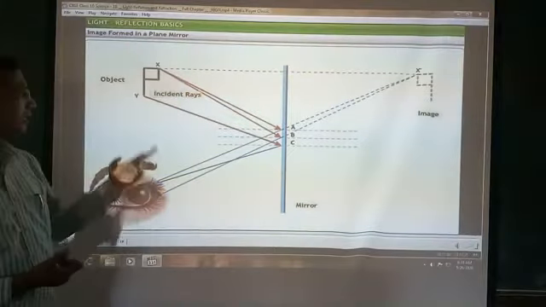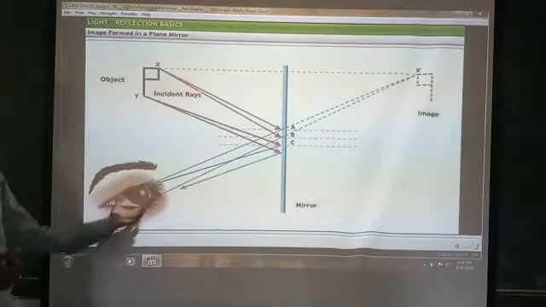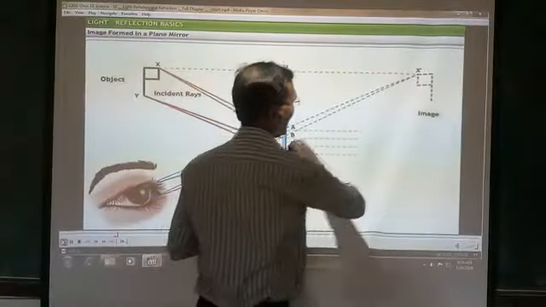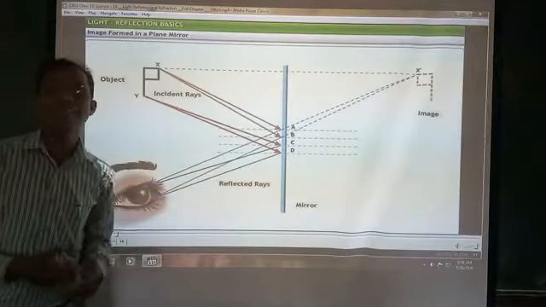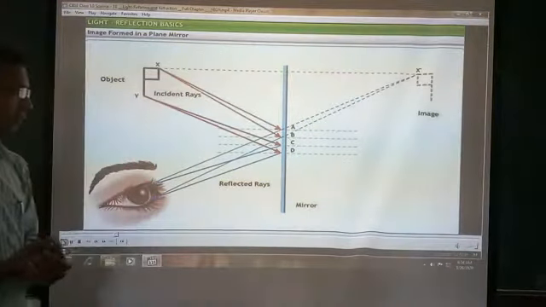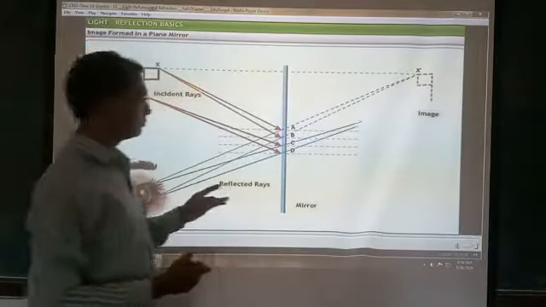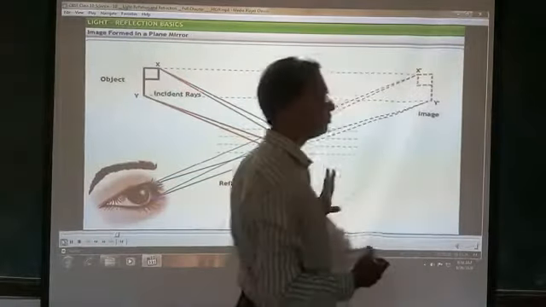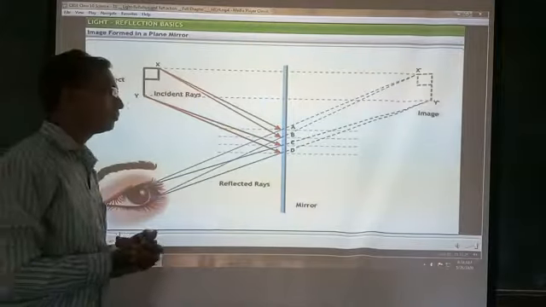Similarly, from the point Y, another incident ray is reflected back into our eyes and is extended. Extended to the lower point, we obtain the complete image in the mirror. So these rays will be extended, and the height of the object will be the same as the image.